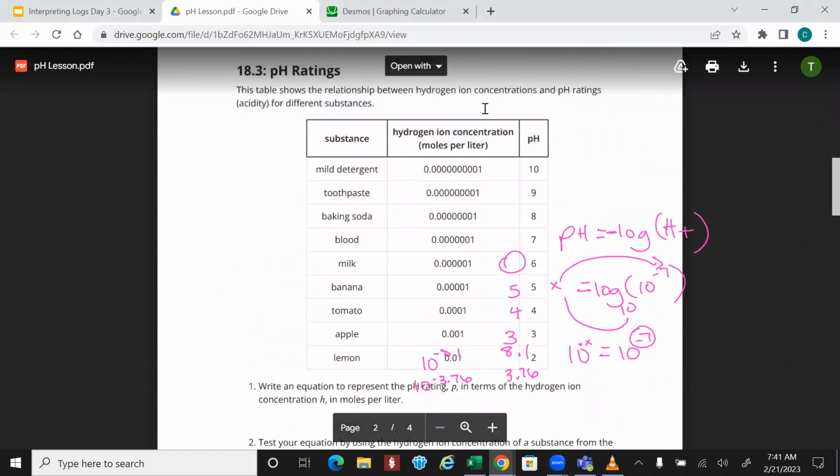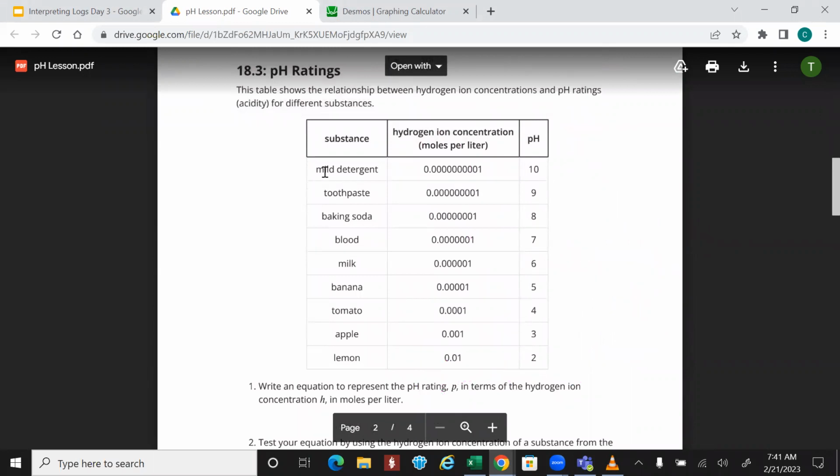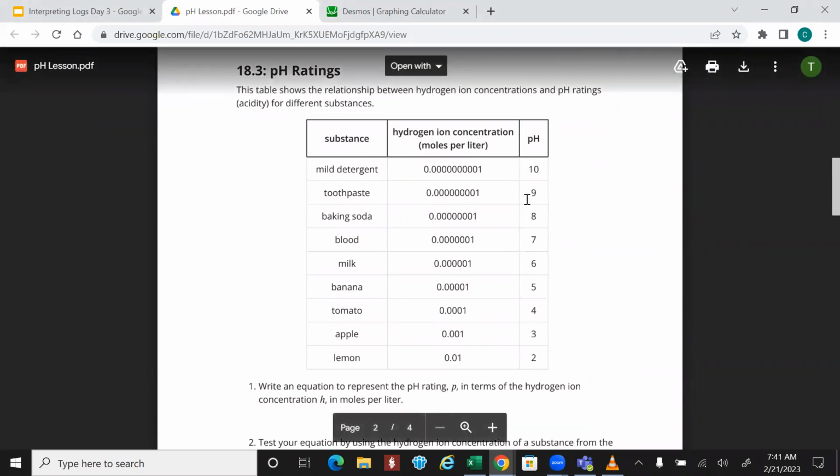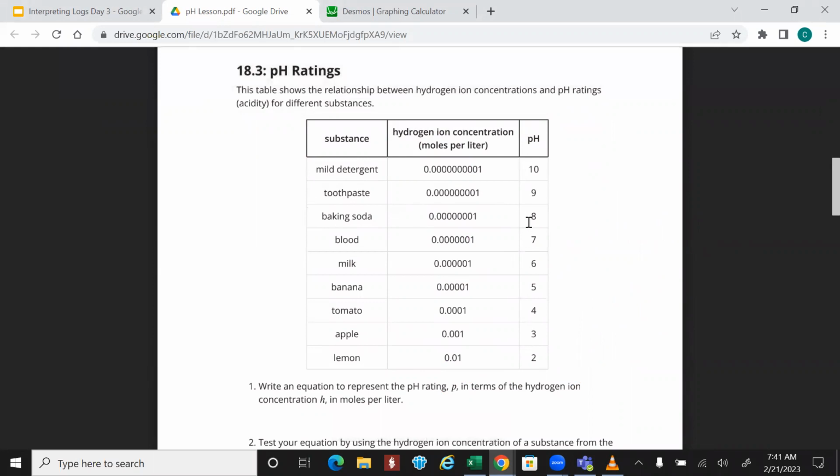Okay, so here's another table. No, you don't have to write this one down. I just want to show it to you. Mild detergent has a pH level of 10. Toothpaste has a pH level of 9. Baking soda is 8. Did you know you can use baking soda on your teeth and it whitens them? I thought that was just a thing my mom used to do. That's fine.